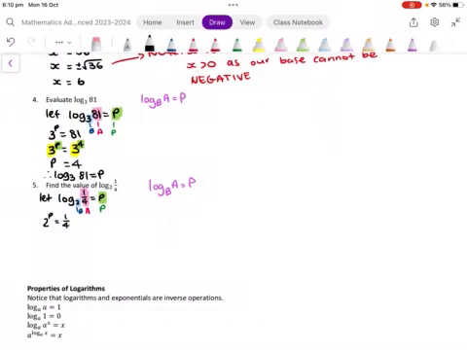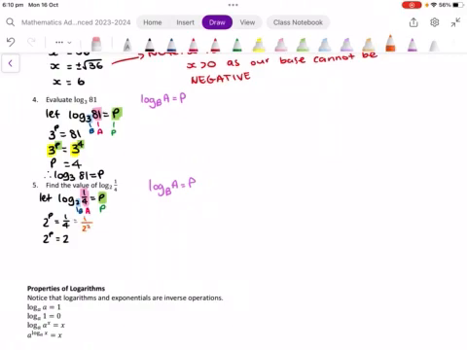Now we'll have 2 to the power of P equals 2 to the power of what is equivalent to a quarter.